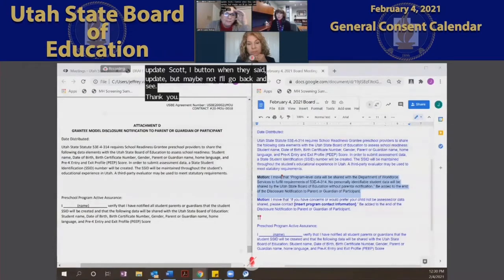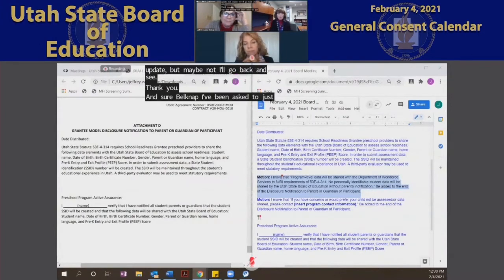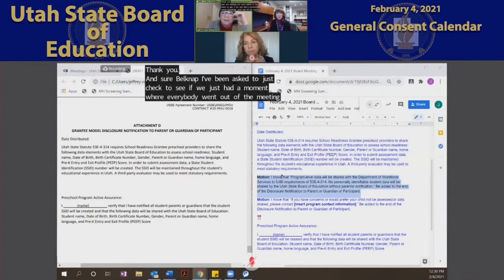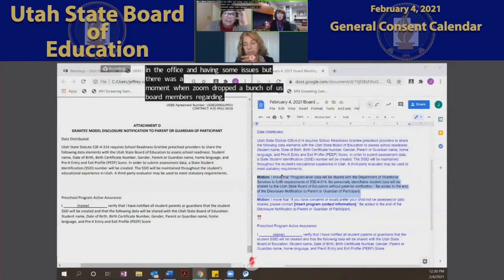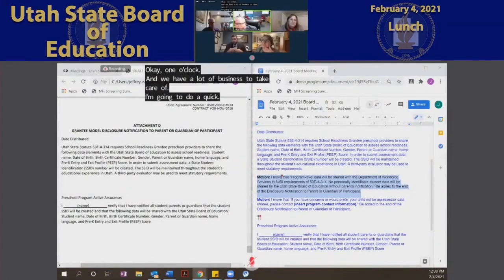I wasn't paying attention for all staff, but it was like a little hesitation, and I'm scanning. It looks like the board members are on. Chair Huntsman waited to have discussion until they were back.